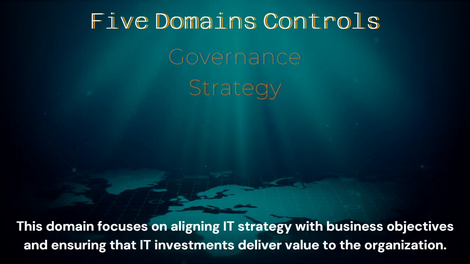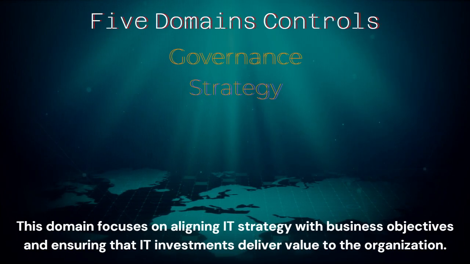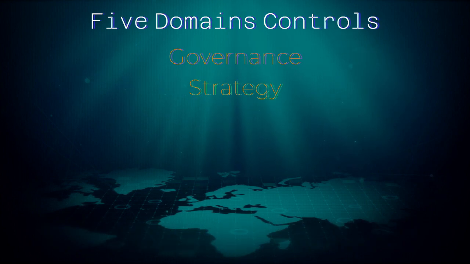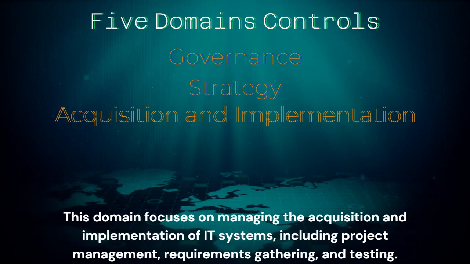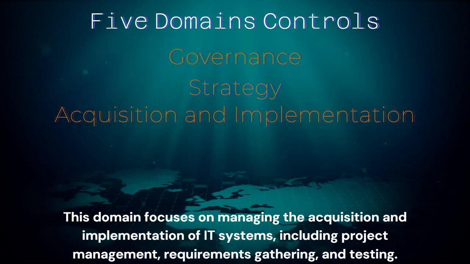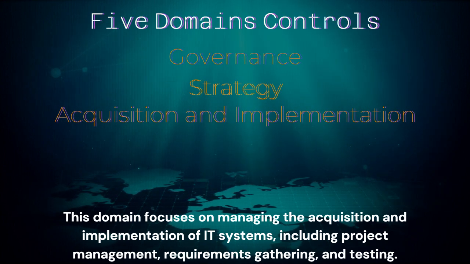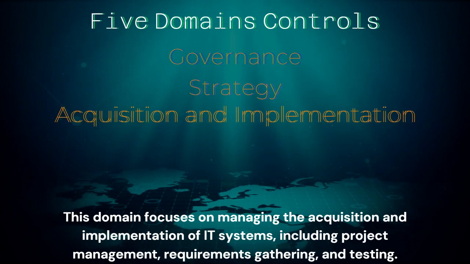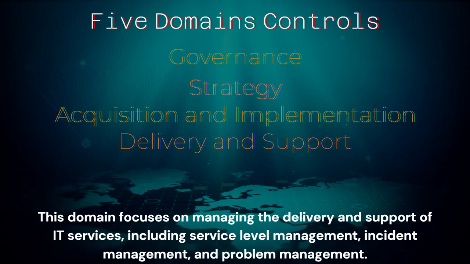This domain focuses on aligning IT strategy with business objectives and ensuring that IT investments deliver value to the organization. Acquisition and implementation. This domain focuses on managing the acquisition and implementation of IT systems, including project management, requirements gathering, and testing.